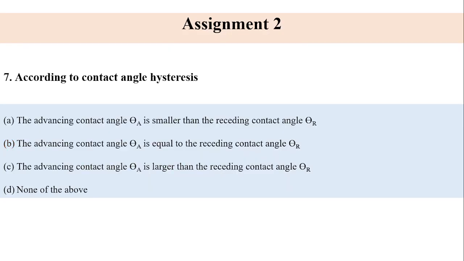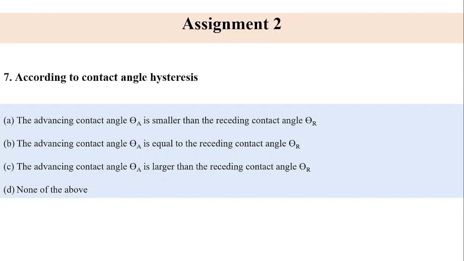The next question is, according to contact angle hysteresis, which of the following statements is true? What does the contact angle hysteresis basically state?